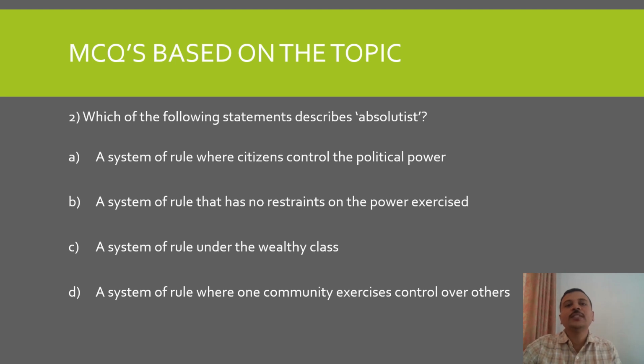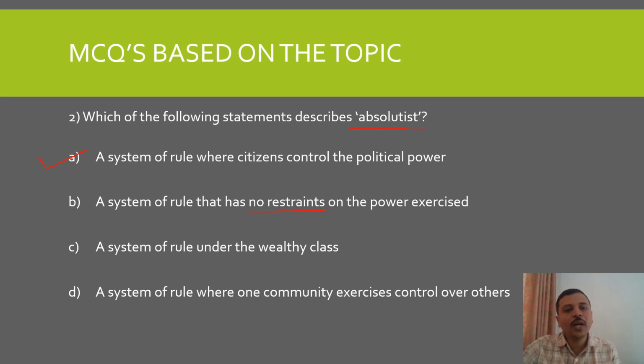Which of the following statements describes absolutist? Now, my dear students, the word absolutist, I think I explained it in my session. So let's talk about this. A, a system of rule where citizens control the political power. B, a system of rule that has no restraint on the power exercised, which means unrestrained, uncontrolled power.